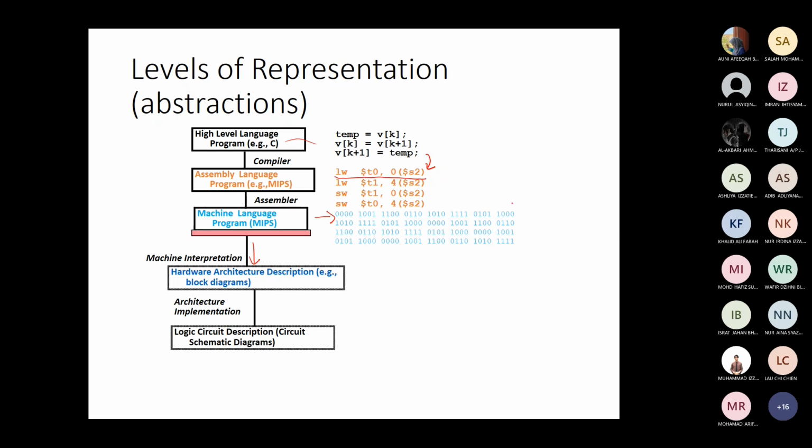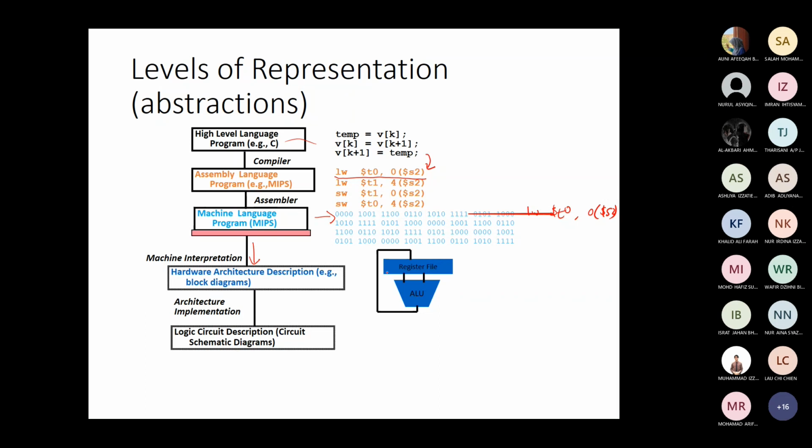We can treat each line of 32-bit binary numbers as an assembly code, for example load word $t0, 0($s2). Each line is an instruction that needs to be executed. Once decoded to assembly code, the number fits into the hardware architecture description, or block diagram, in this case our processor.